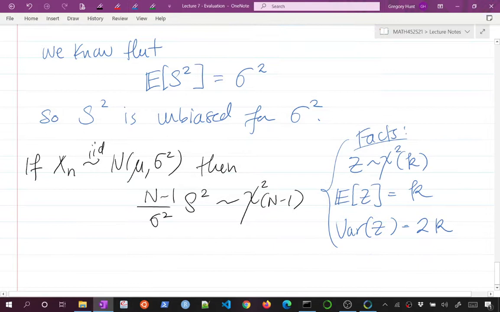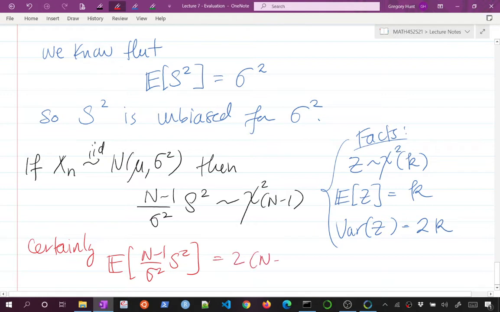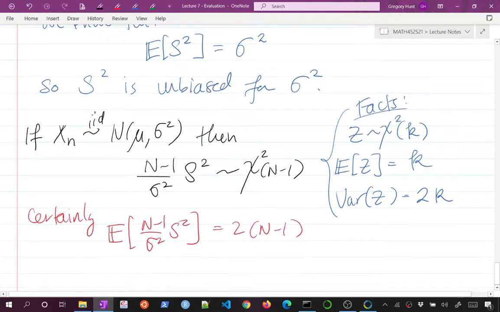So certainly this comports with the fact that we would know the expected value of n minus 1 over sigma squared times S squared should be 2. Nope. Expected value should be n minus 1.